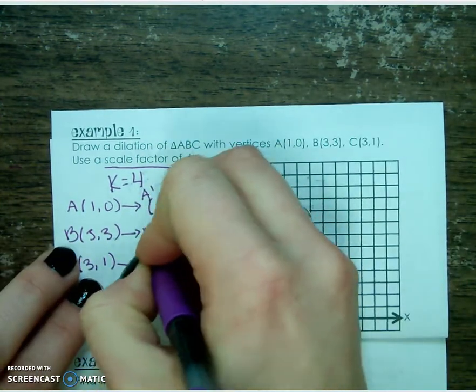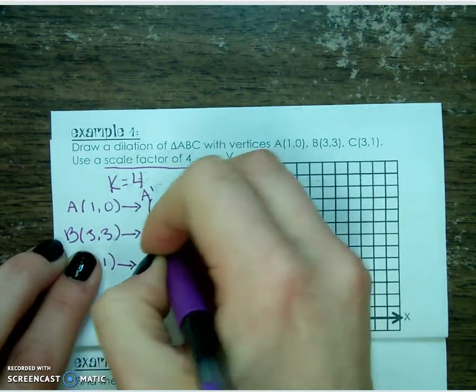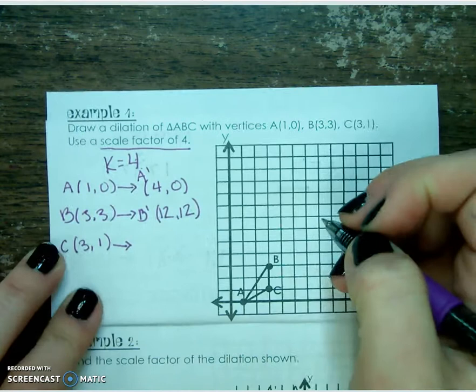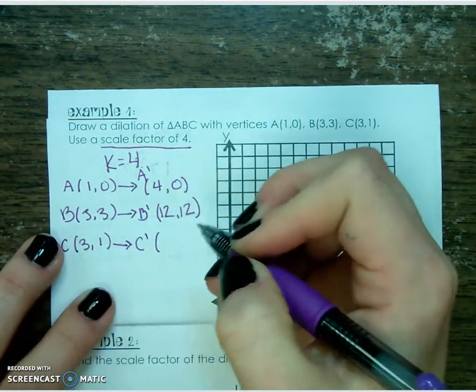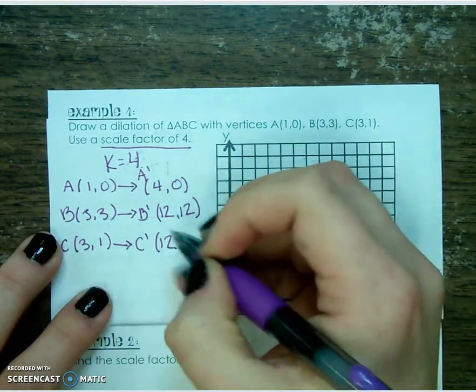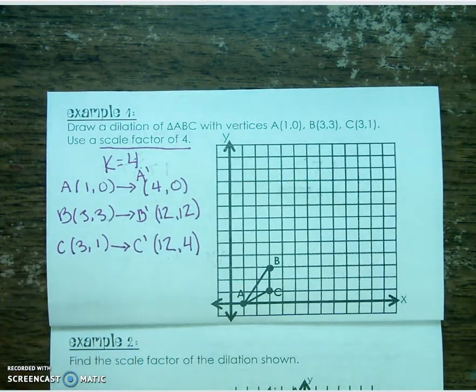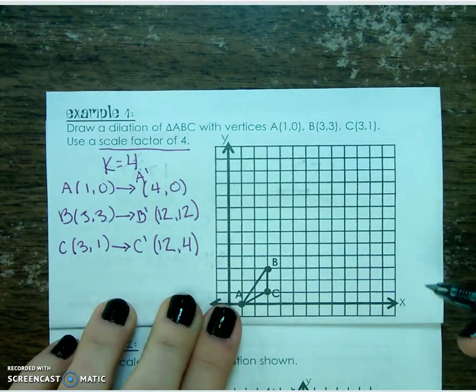B prime, 4 times 3 is 12. 4 times 3 is 12. Multiplying it by x and y. And then C prime, 4 times 3 is 12. 4 times 1 is 4. And then go ahead and graph your dilation.